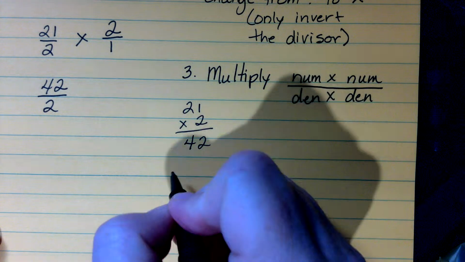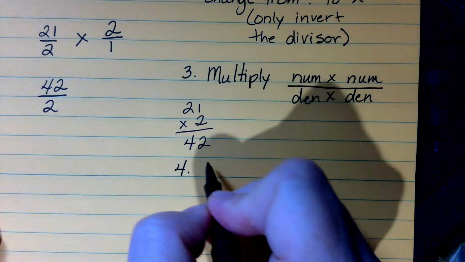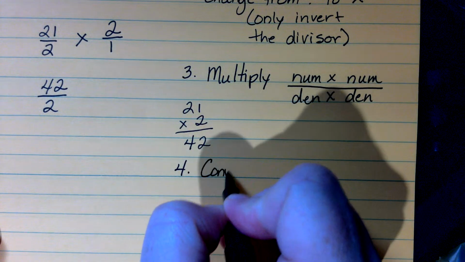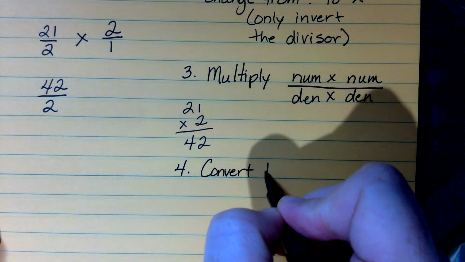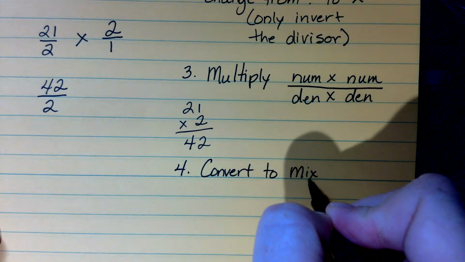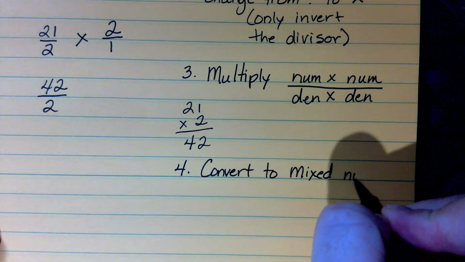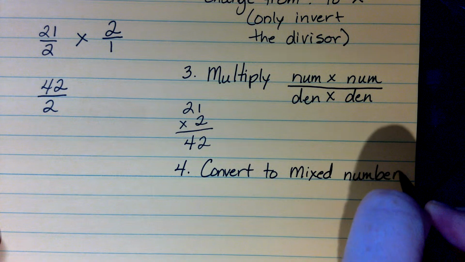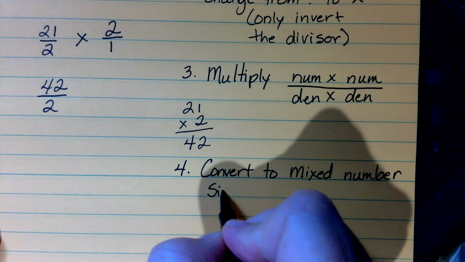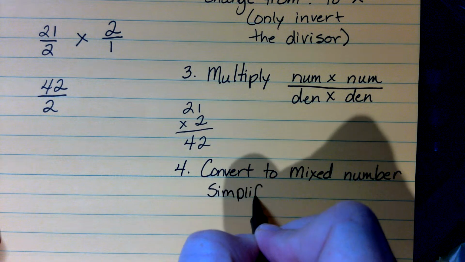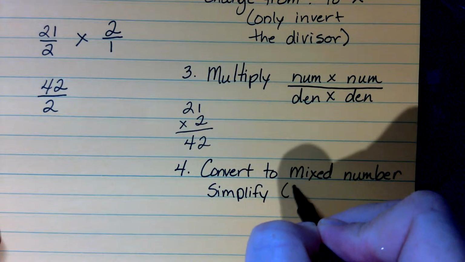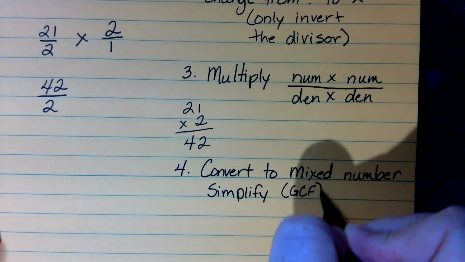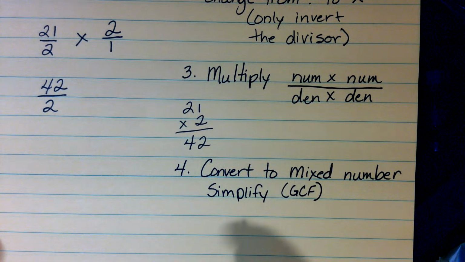So step 4 is convert to a mixed number and simplify if you need to. Remember that when we simplify, we use the GCF between the numerator and the denominator to help us.